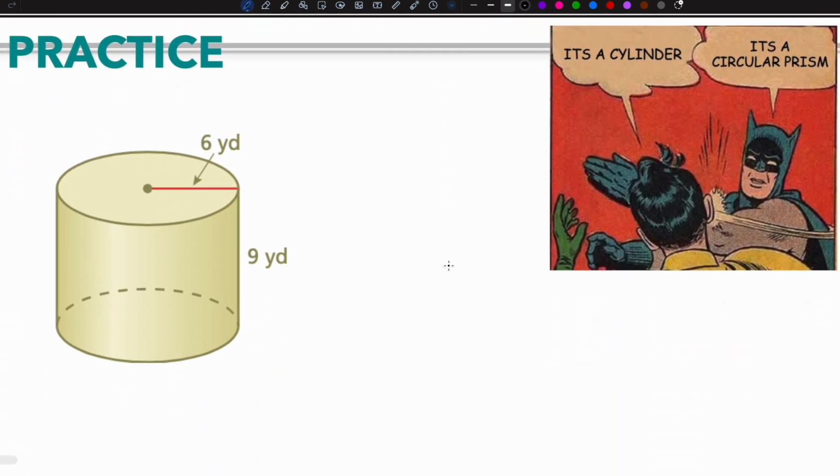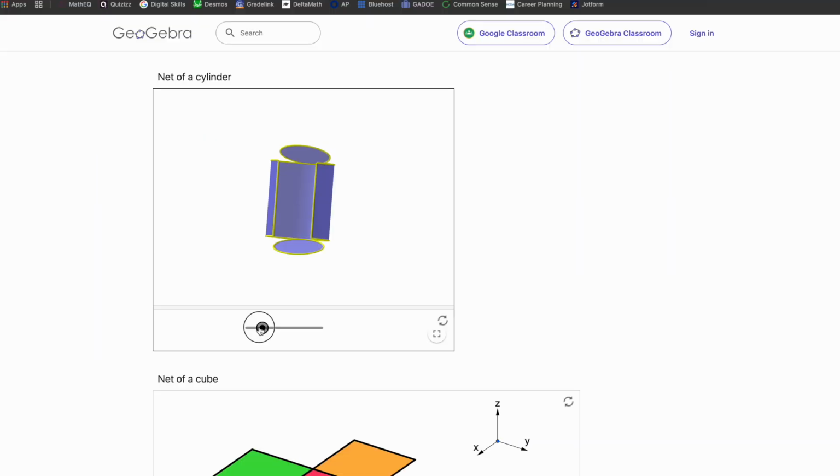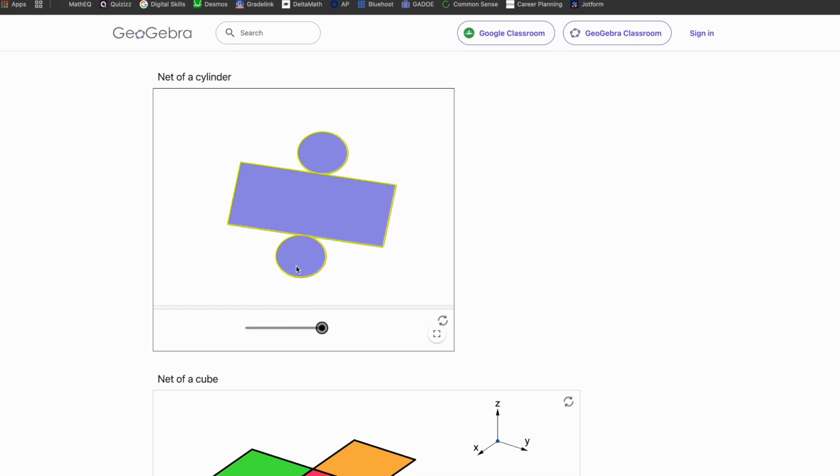Now, this is a cylinder, which you can think of as a circular prism. If you were to unfold this cylinder, if I actually pulled up a cylinder and took it apart, what happens is you have 2 circles for the base.